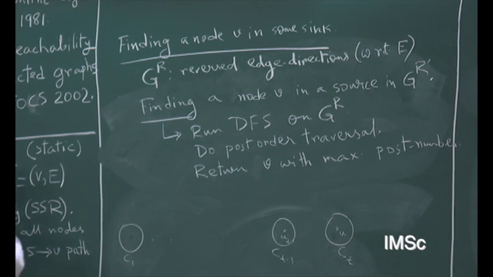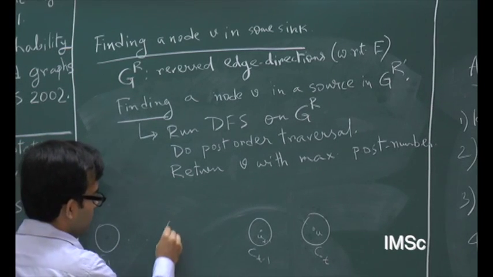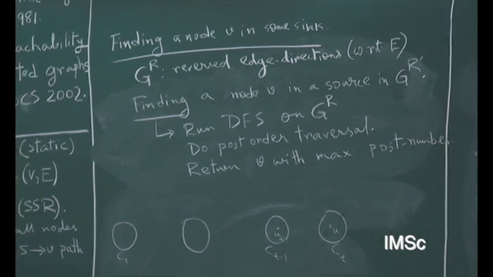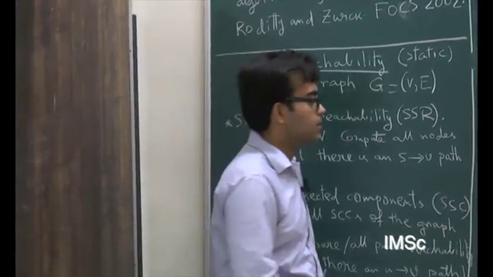And why is it the case? Basically keep an array of the post numbers and then keep on returning the maximum. Yes, that is it.